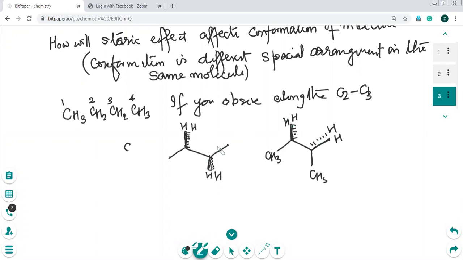Two forms of butane molecule. How did I get this one? I can get this one simply by rotating around this bond. Just by 120 degree, I have to rotate. Rotate 120 degree clockwise.